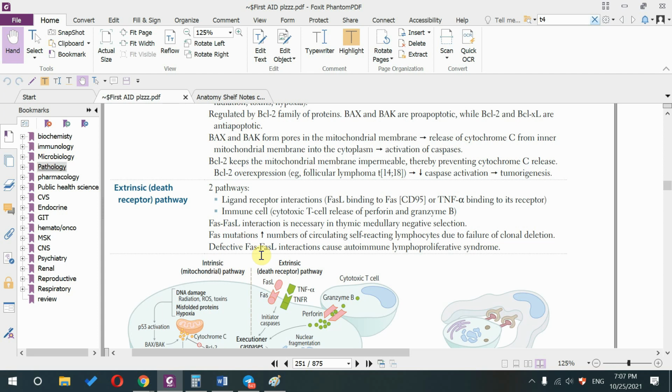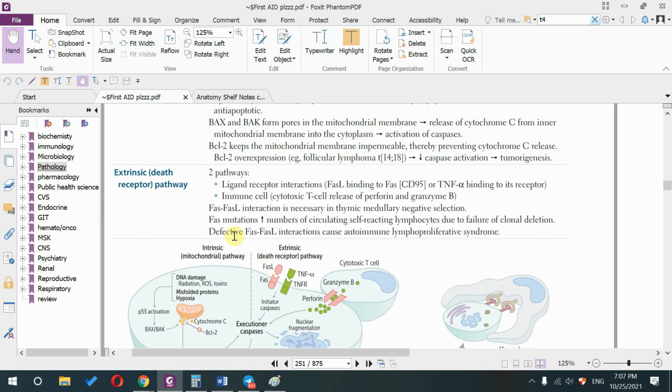Okay, the last thing: if you get a defect in the interaction itself between these two all over the body, you can get multiple autoimmune diseases, because of how it destroys the T cells that attach so much. So we call it autoimmune lymphoproliferative syndrome, which means you can have multiple autoimmune diseases at the same time. If you don't know what that is, don't worry too much.